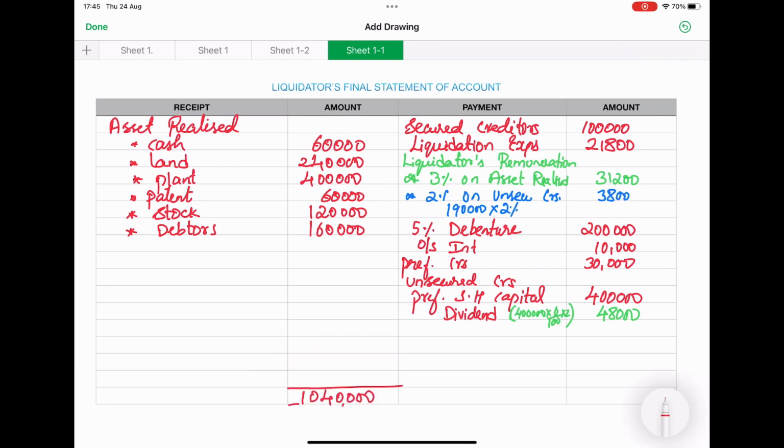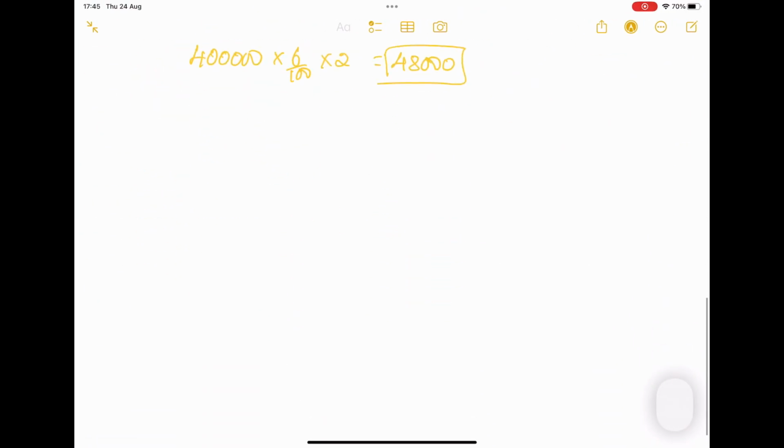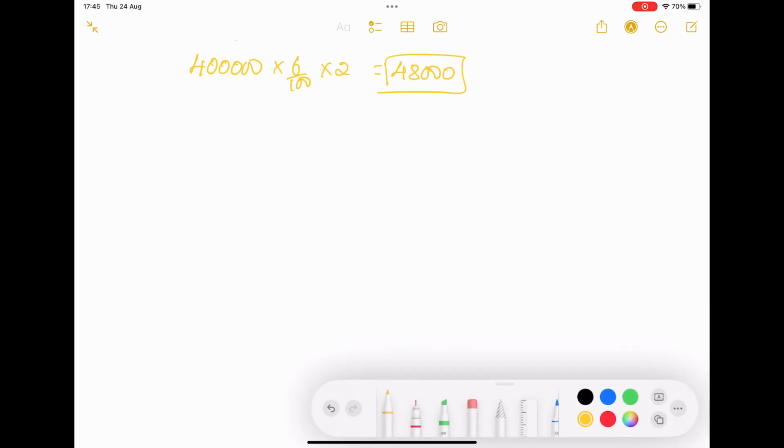equity shareholders. So is it possible to give them the full capital amount? No. See, look here. We are having very less value. I'll show you how. So again I am going to calculate in the working note itself.